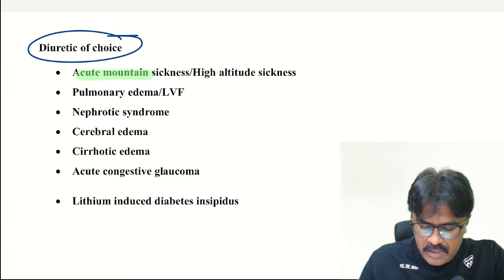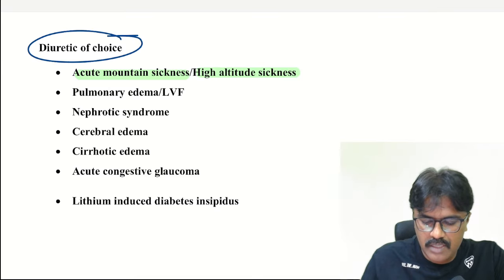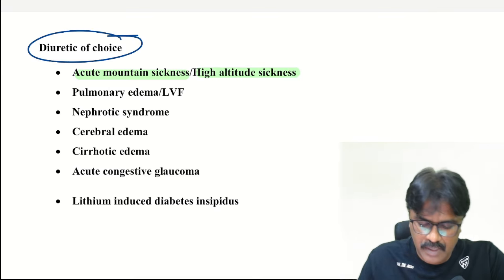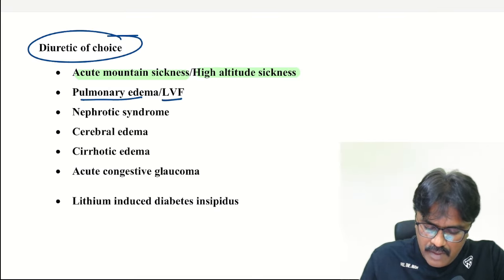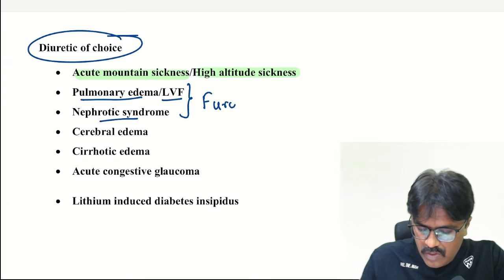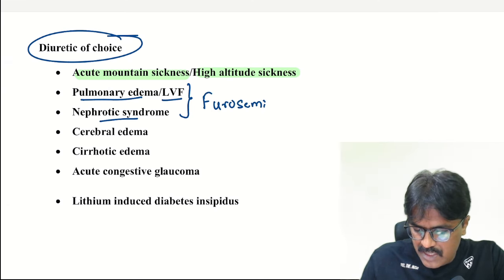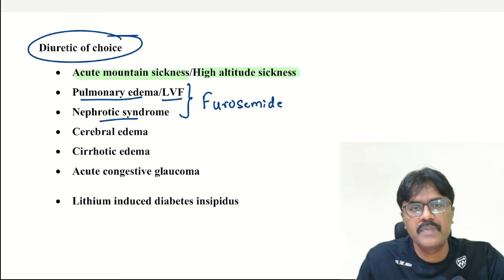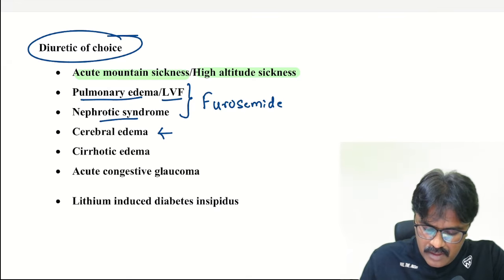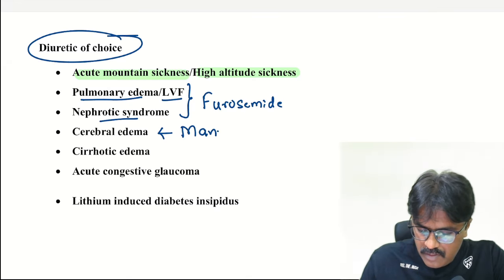Acute mountain sickness, high altitude sickness, I just told you, acetazolamide. Pulmonary edema, LVF, nephrotic syndrome, the diuretic of choice is a loop diuretic, that is furosemide. Cerebral edema, the drug is mannitol, very good.